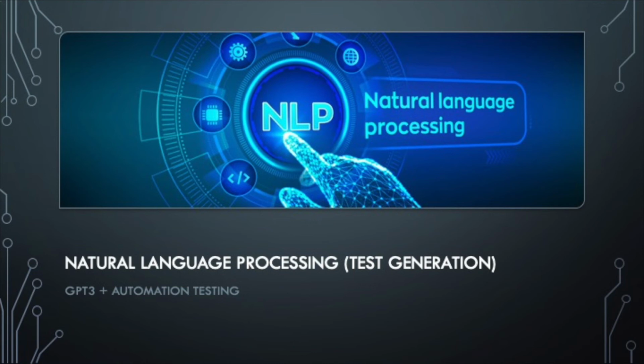OpenAI was founded back in 2015 by Elon Musk and Sam Altman to advance the state of artificial intelligence. It's a huge leap forward in artificial intelligence and is able to generate text, create poetry, translations, answer questions, and generate code. It can even create mobile applications in milliseconds. It's absolutely amazing. With this new technology tool, you can now utilize GPT-3 to generate test code from a simple data source.